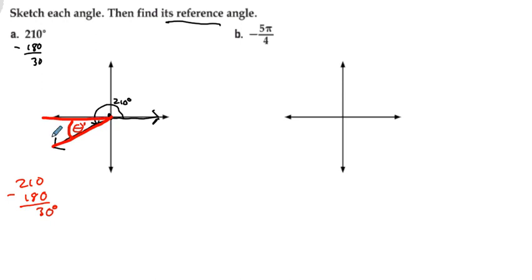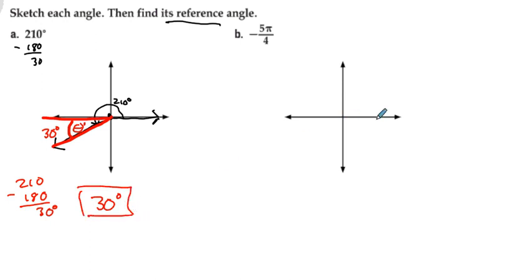That's kind of the point: if you're graphing these things in relation to the x-axis, you can find the reference angles pretty quickly most of the time. If you're graphing them in relation to y, that's a little different, but it's always in relation to the x-axis. So it's what's this angle right here. Don't worry about positive or negative. And so your answer to this is 30 degrees as your reference angle.